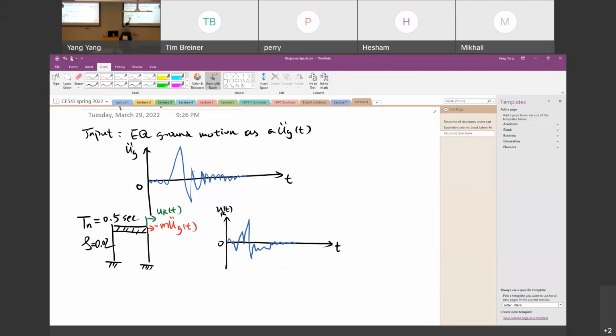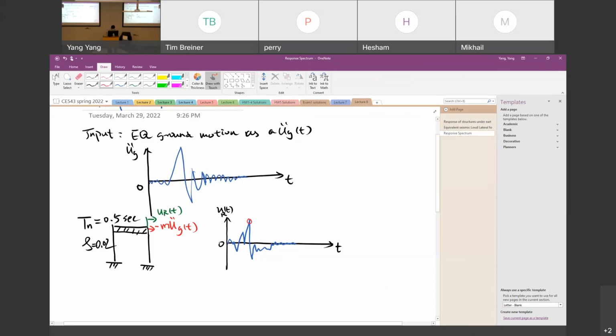If we do the numerical integration, we should be able to tell the displacement of the mass as a function of time. Now we should be able to find the absolute maximum displacement.